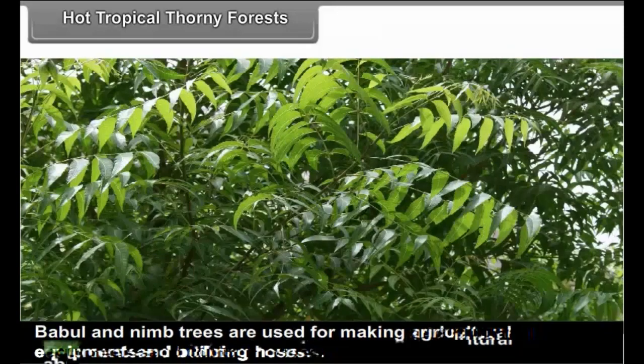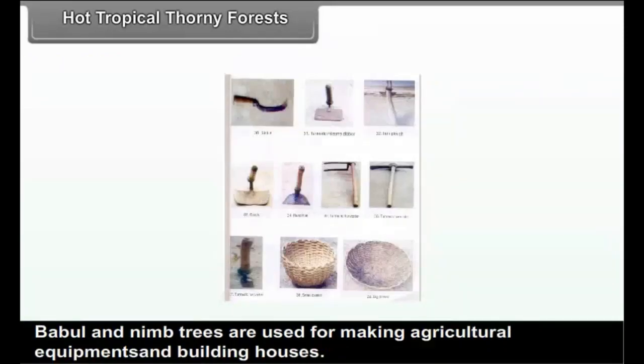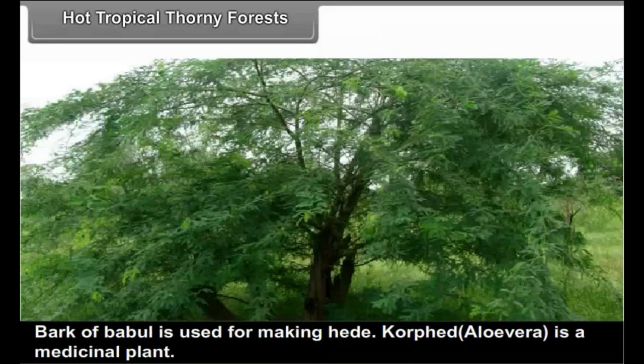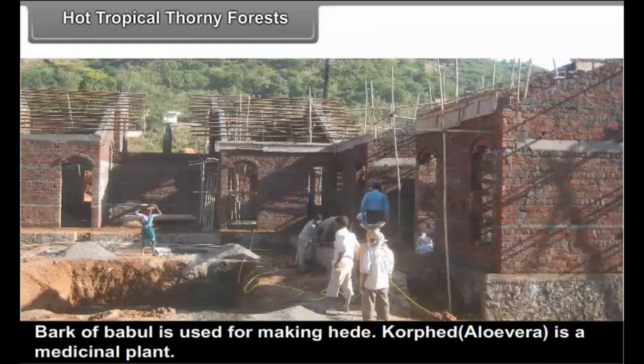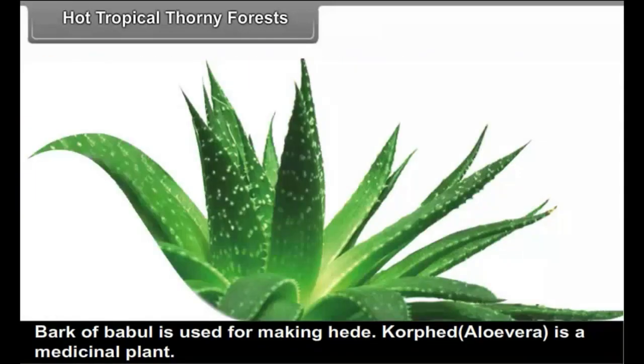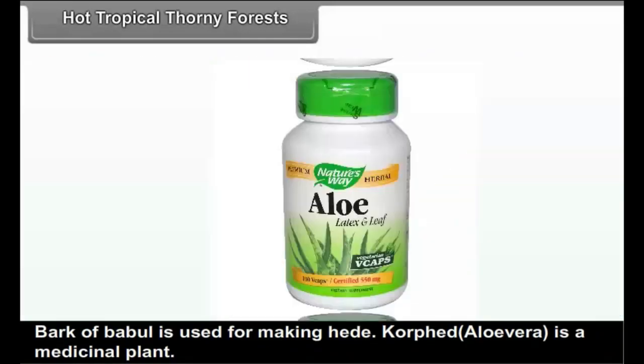Babul and neem trees are used for making agricultural equipments and building houses. Bark of babul is used for making hide. Korphad, aloe vera, is a medicinal plant. Mangrove forests.